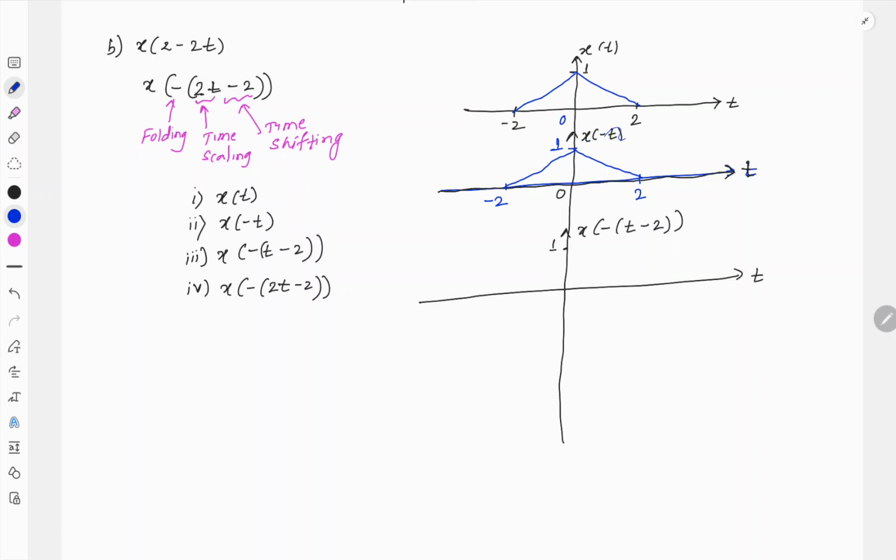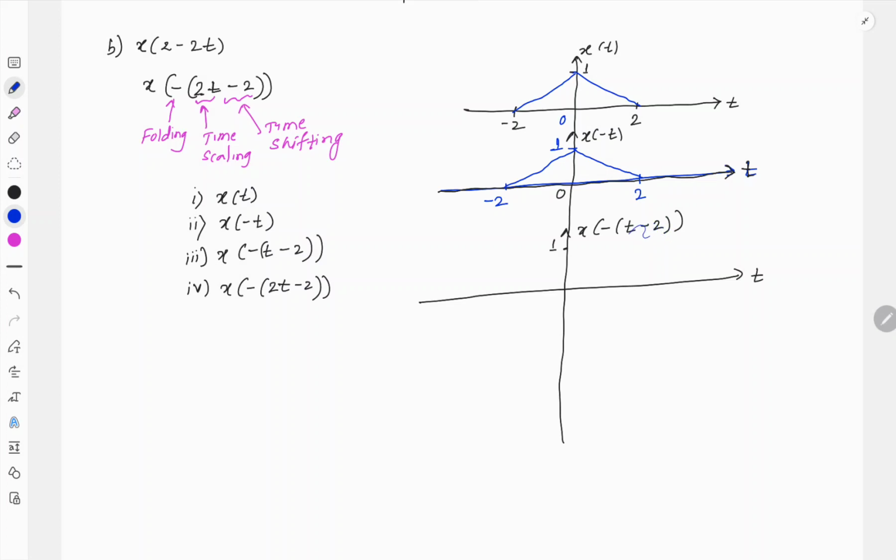So simply in this x of minus t we are adding minus 2. Therefore this signal will be shifted towards positive axis. Remember here, do not consider this negative sign which is x of minus and then bracket t minus 2, because this minus, which is folding operation, that we have already done in the above step. So here only consider that we have added minus 2 in this equation.